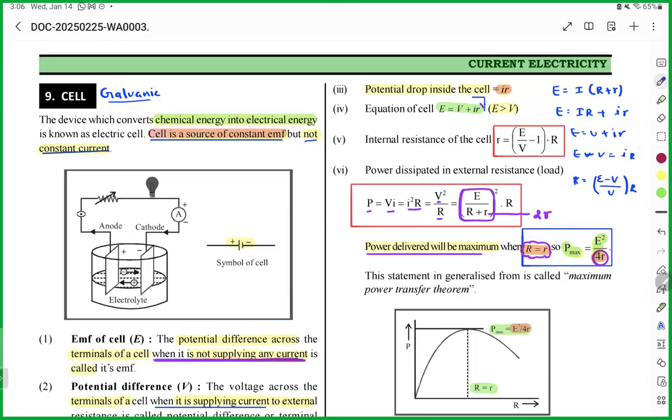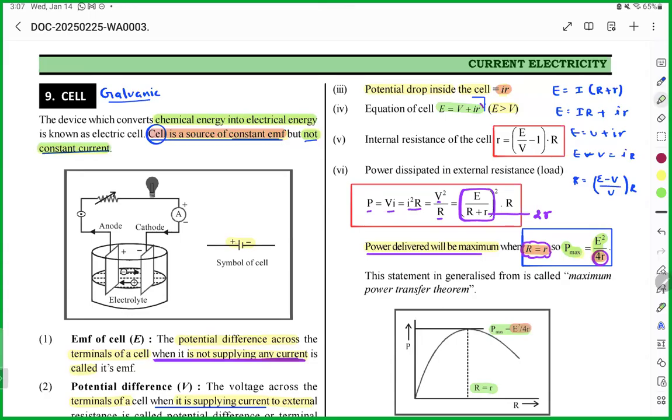So here the cell is the source of constant EMF, not constant current. Remember, current can vary, but your EMF will remain same. Electromotive force. The force it is exerting will remain same, not current.